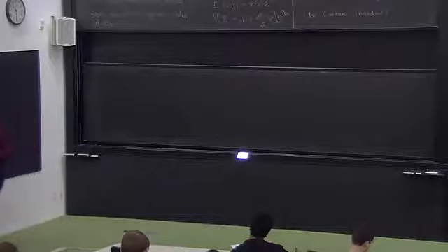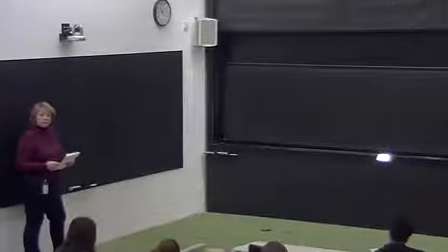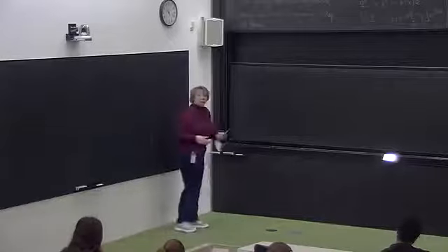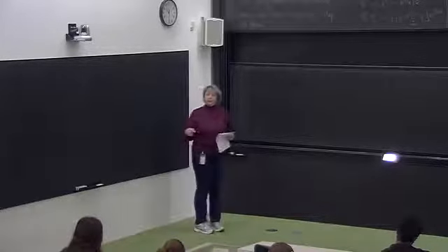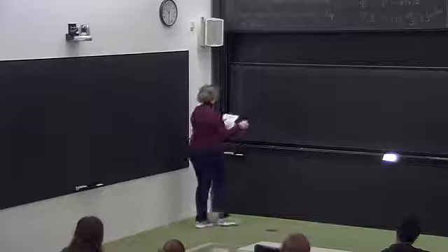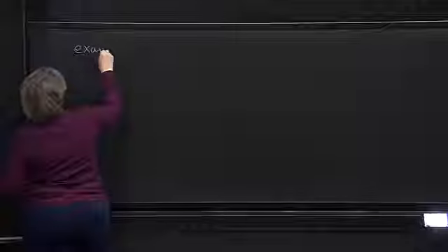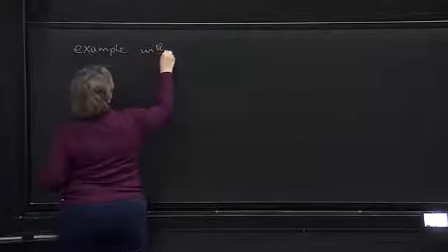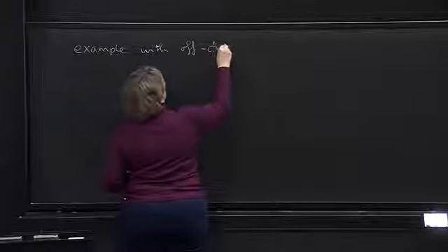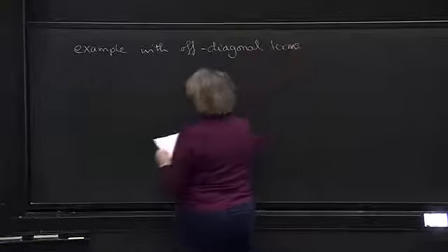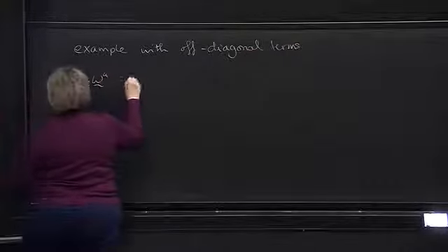The handout that David's printed for you has all the details of the calculation of the curvature. I just want to pick out a couple of key steps that are relevant in the calculation, and also pick up on some questions that I've had. So if we use the Cartan method, here is an example of a metric with off-diagonal terms, which I've been asked about.